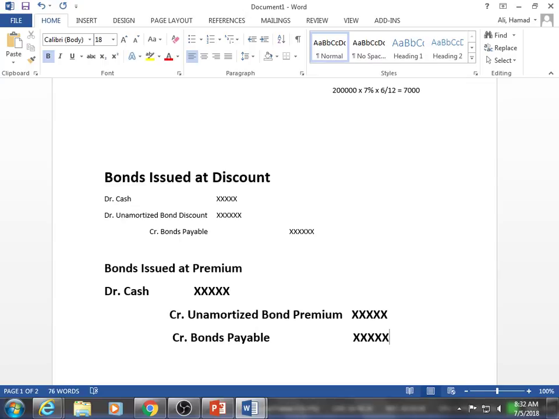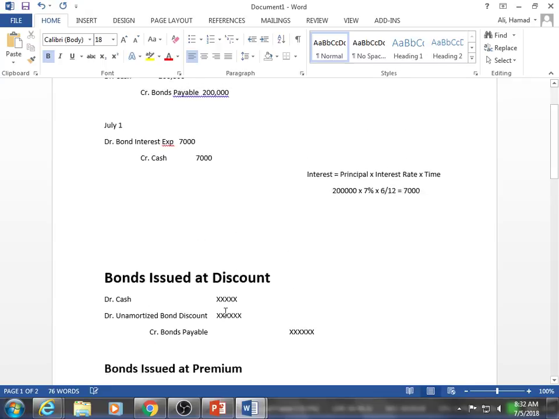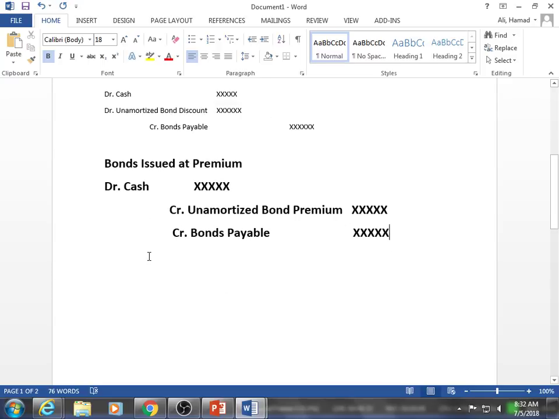If the bond is issued at face value, that means the market interest rate is equal to the stated interest rate. Then we're going to debit cash, like with the stocks, because we are collecting cash, we're raising capital.